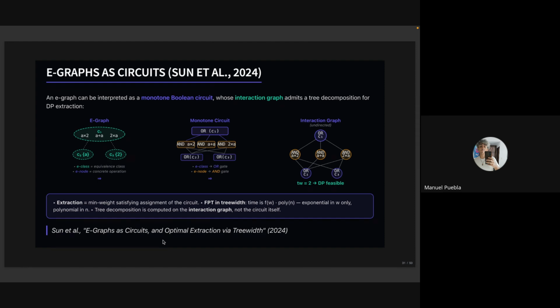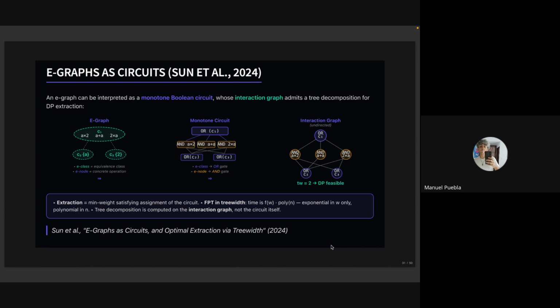And those circuits can be translated into an interaction graph. So once you have this interaction graph, you measure the tree width, and if it's small enough, you can apply dynamic programming to it. And then you backtrack all the way to the e-graph to read the expression that you get out of the algorithm.